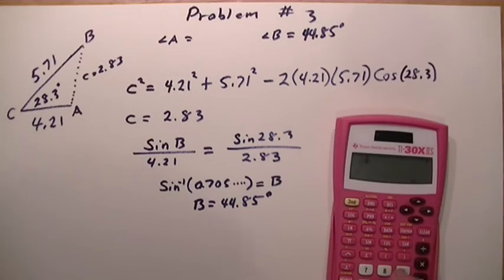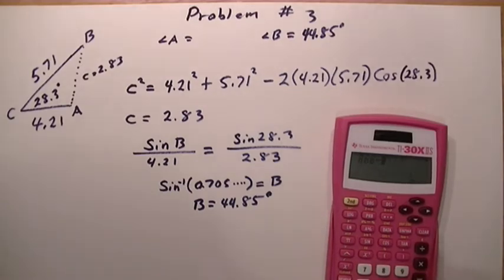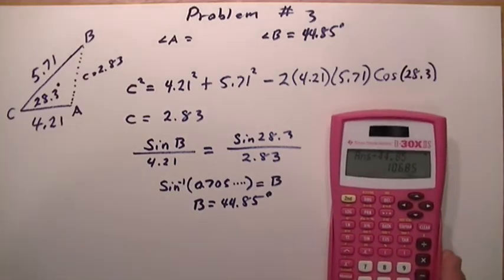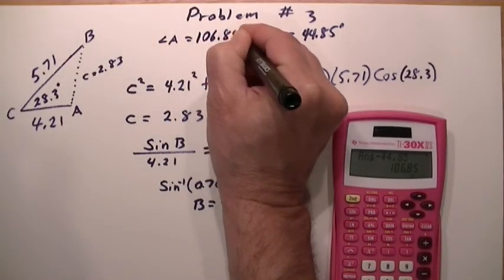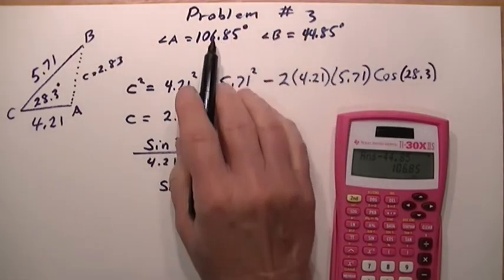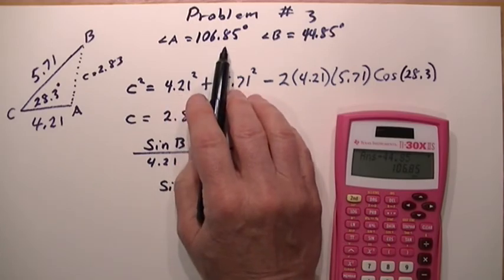Let's clear this off. 180, we're going to subtract the 28.3, we're going to subtract the 44.85, and we get 106.85, which indeed is an obtuse angle.